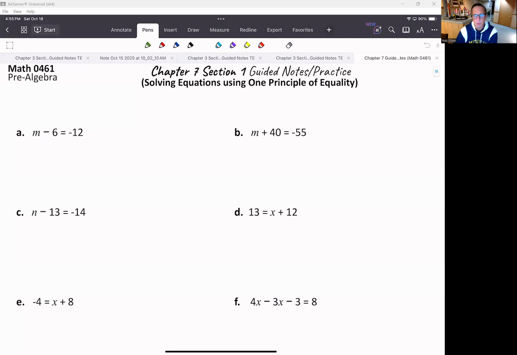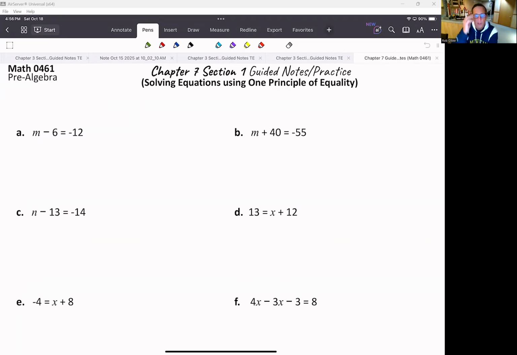Now these particular equations, we're going to focus on the principle of equality, which is the basic principle of algebra. As long as you do the same thing to both sides of the equation, you're keeping the meaning of the equation what it is, because an equation is balanced on both sides. The right side equals the left side.